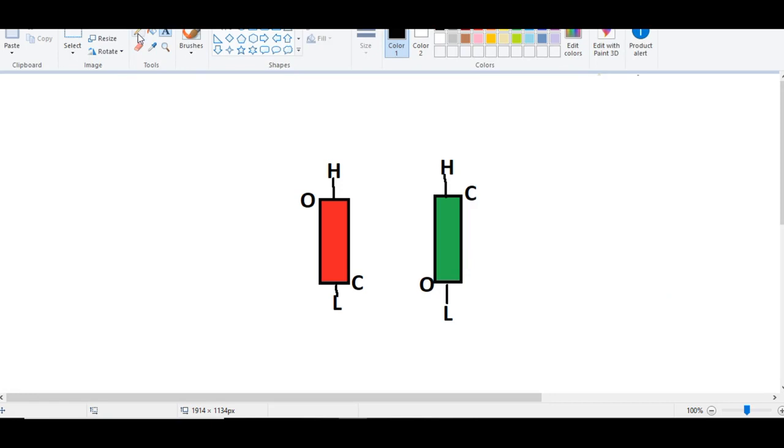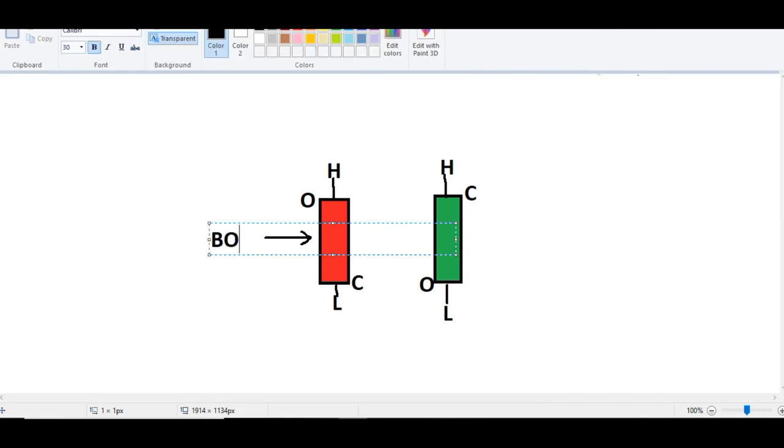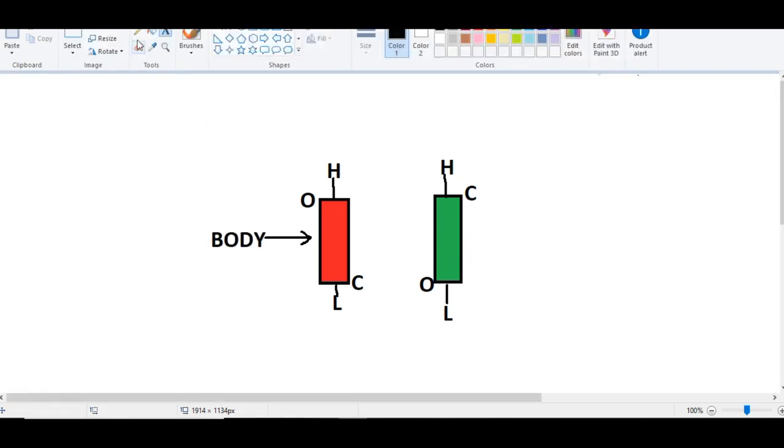Okay, now that we've understood the open, high, low, close of the candle, we also learned that it is a red candle because it opened higher and closed lower, and it's a green candle because it opened lower and closed higher. Now this red part that you see is called the body, and these lines that you see are known as wicks, or you can call it the shadow.